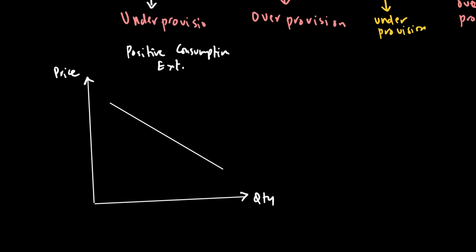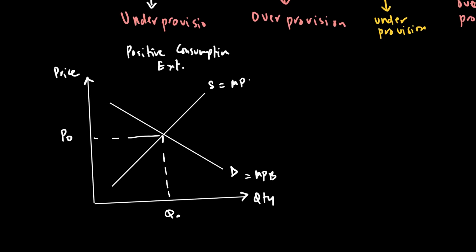If this is my demand and supply, let's say of education or of schooling, price is P naught, quantity is Q naught. Demand is my marginal private benefit, supply is my marginal private cost.